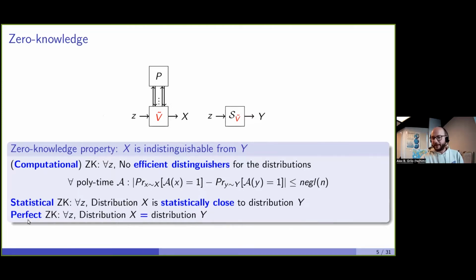Or we can ask for the most restricted version of zero knowledge, called perfect zero knowledge, where the two distributions are exactly the same. And it's surprising that sometimes we do have perfect zero knowledge protocols for specific languages.